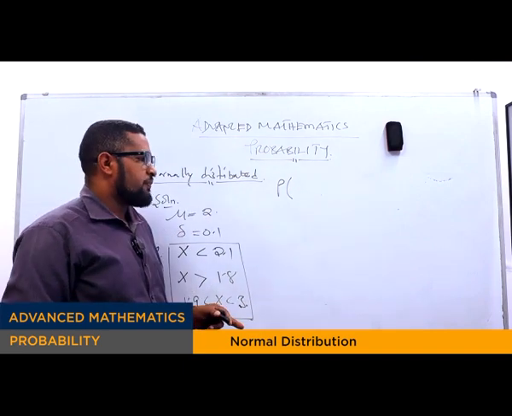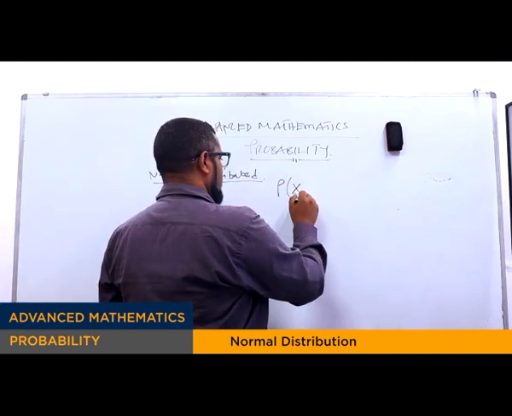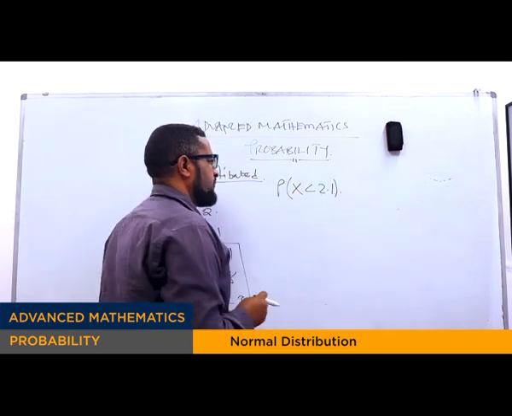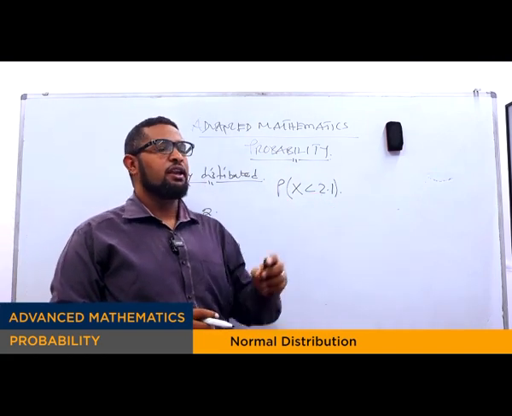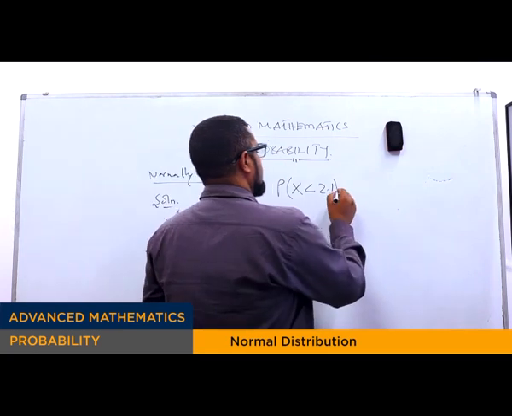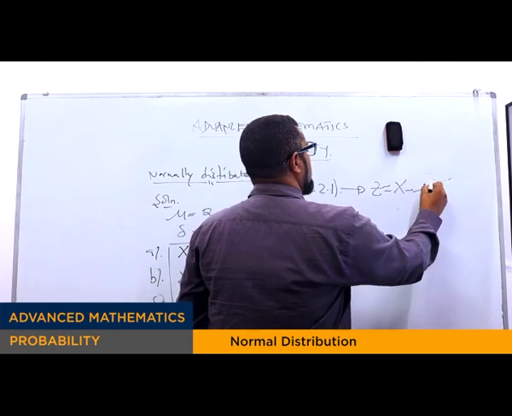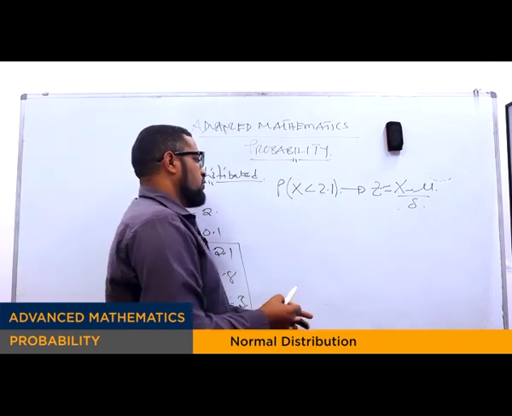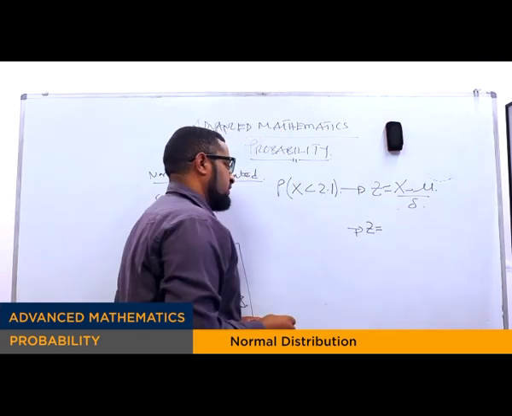First of all, you need to recall the formula. Number 1 is x less than 2.1. But remember, this is distributed as a standard normal distribution, in which z is given by x minus the mean divided by the standard deviation. So you may simply write z equal to, what is our x?